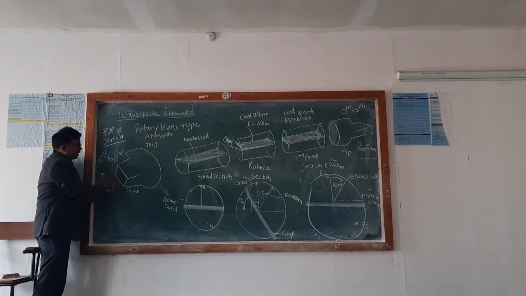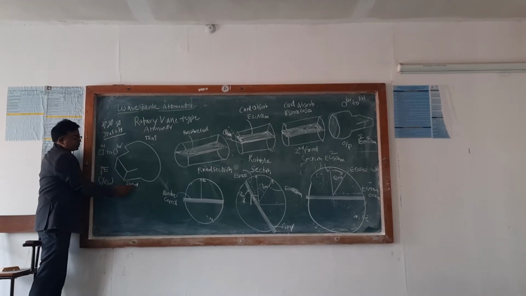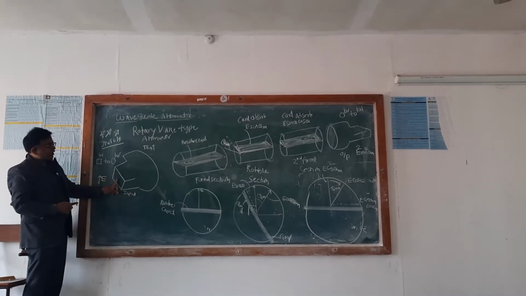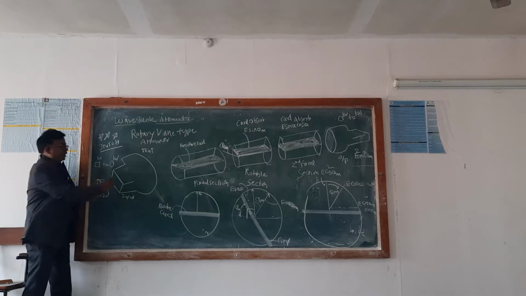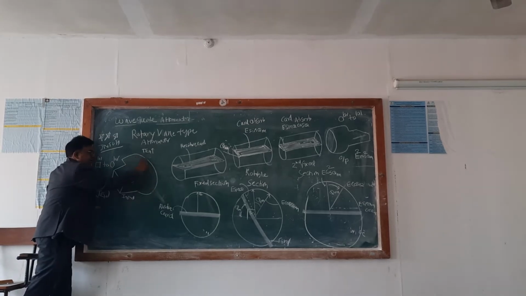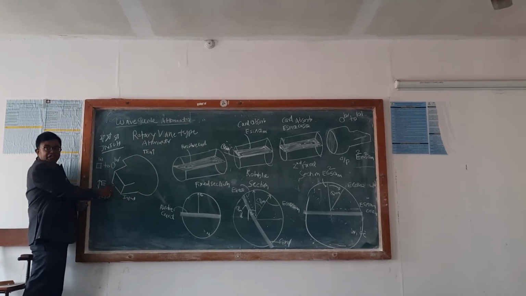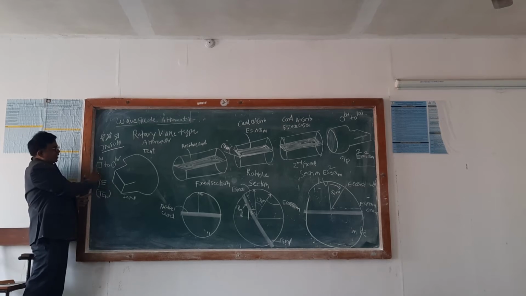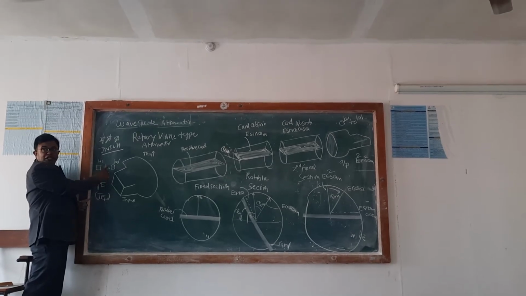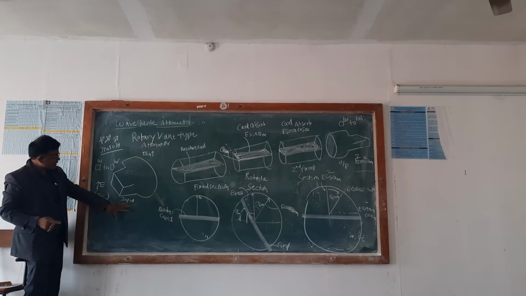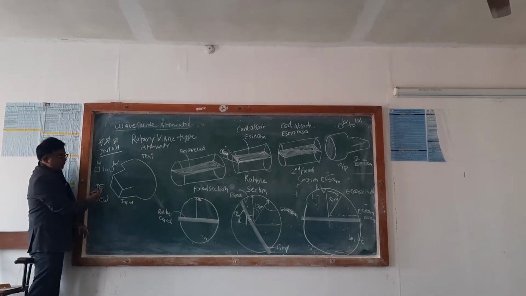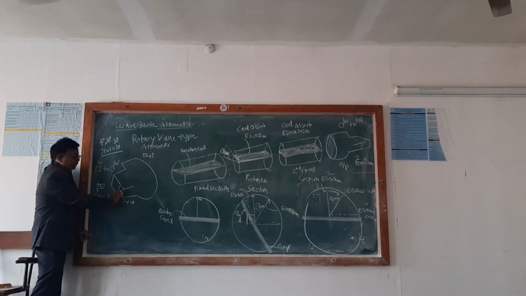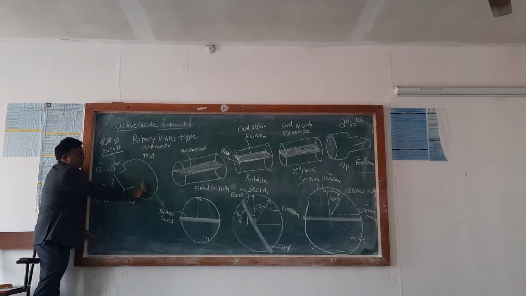The first portion converts from rectangular waveguide to circular. This waveguide is circular and this waveguide is rectangular. That's why I have drawn the rectangular to circular conversion. The electric field is perpendicular and can enter this waveguide.